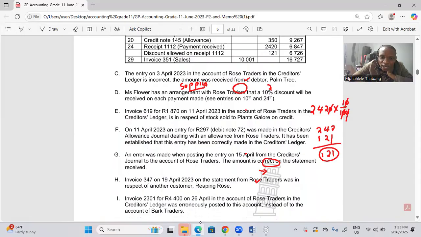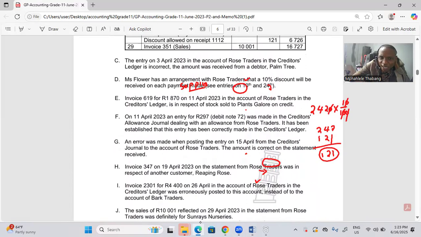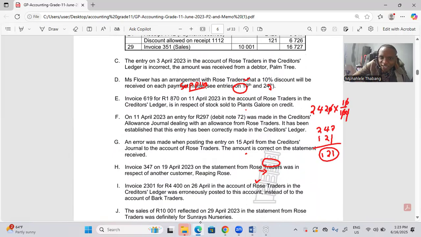Invoice 619 for 1,870 on 11 April 2023 in the account of Rose Trader in the creditors ledger is in respect of stock sold to Plants Galore on credit.